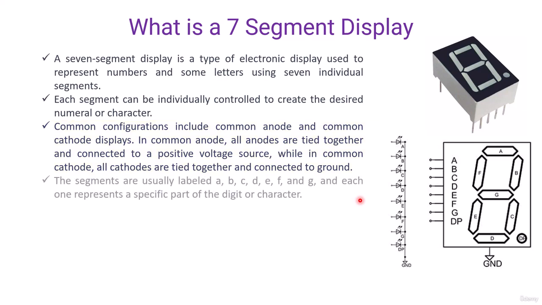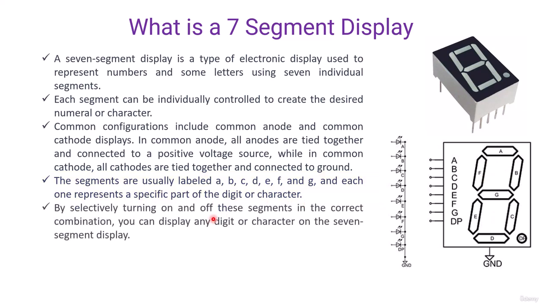So remember, whenever you are trying to program your 7-segment, you need to first find out what type of 7-segment it is. The next point is that the 7 segments are usually labeled A, B, C, D up to G, as we have mentioned earlier, and each one represents a specific part of the digit or character. By selectively turning these segments on and off in the correct combination, you can display any digit or character on the 7-segment display.